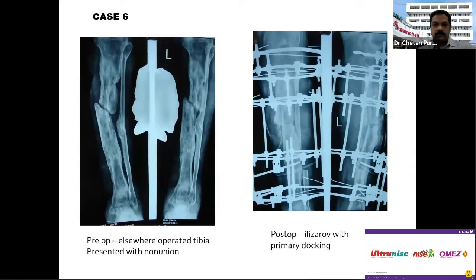Another case, this was a person from out of state, initially treated with nailing, then got infected, debridement, plating, external fixator, came to us with a stiff kind of non-union. So the stress views are just demonstrating the abnormal mobility.